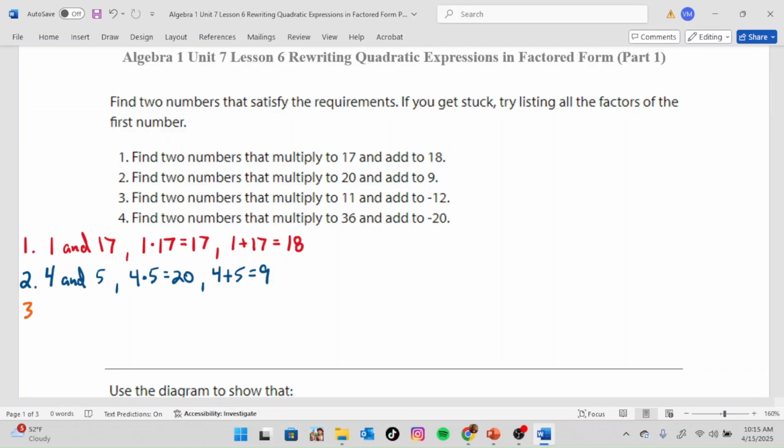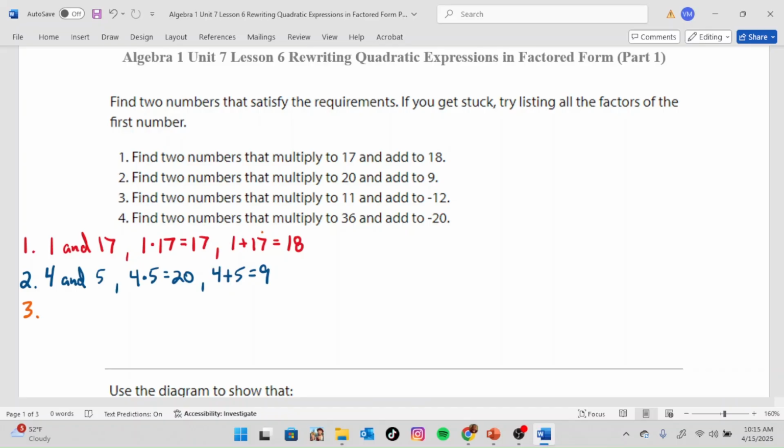Number 3. This time we want two numbers that if we multiply them are going to be 11, and if we add them, they're going to be negative 12.